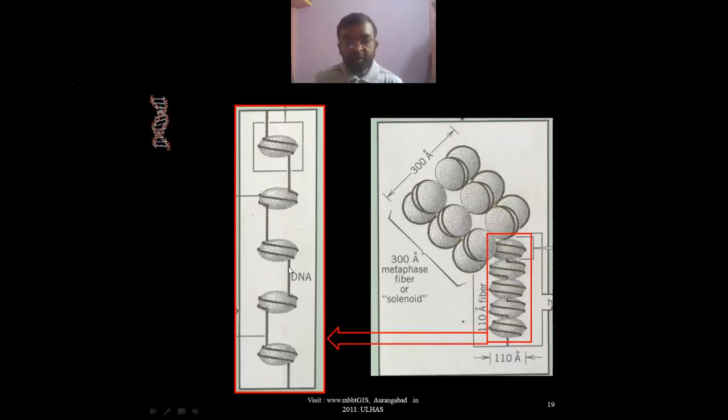Now, why is such an organization there? Because, as I have already said, the cell has to carry out a lot of functions. In yesterday's lecture, we made it clear that as far as all organisms are concerned, the nucleic acid content is the same.